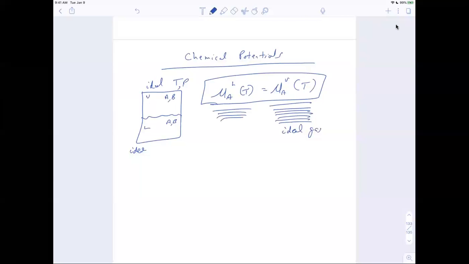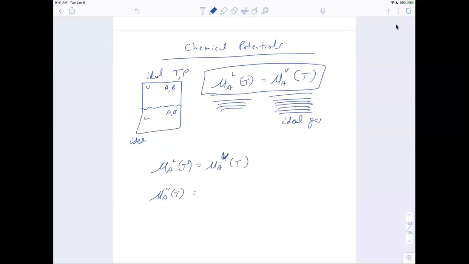So let's recall that mu A vapor. So we know that mu A liquid is going to equal that of the vapor, okay, at this temperature and pressure, of course, and composition, because we know that chemical potentials are dependent on composition. So mu A vapor at T, let me just remind you, is going to be mu A at some reference pressure that we choose at this temperature. So that's what this means.